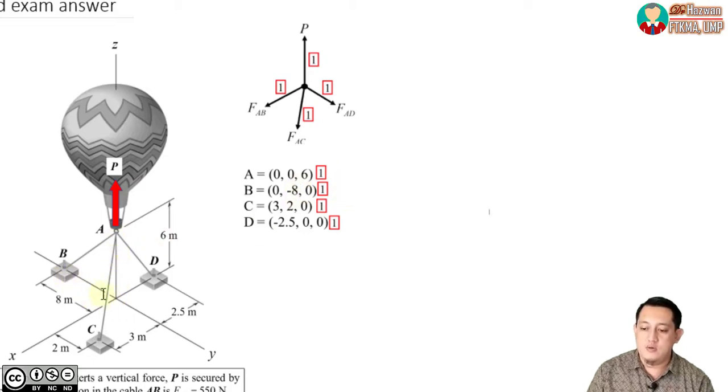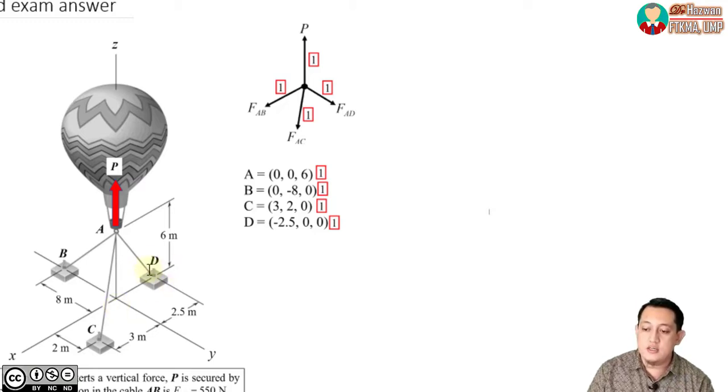For B here, you only have the Y direction, but in the negative direction, so negative 8. And then for C, we have the X direction, from here to here, which is 3, and the Y direction from here to here, which is 2. So that's why 3, 2, and no Z direction, so 0 for Z.